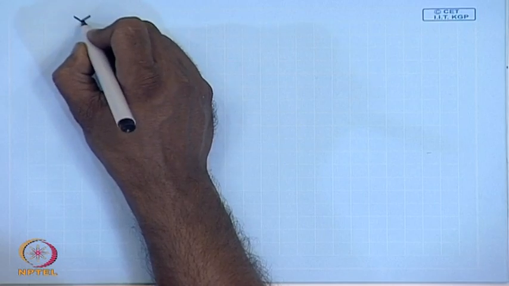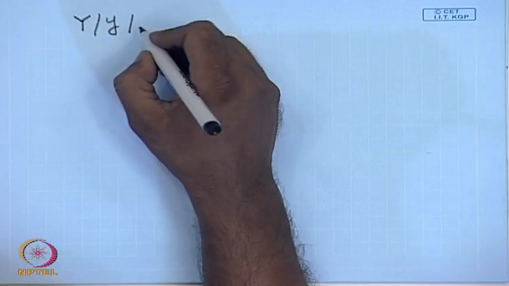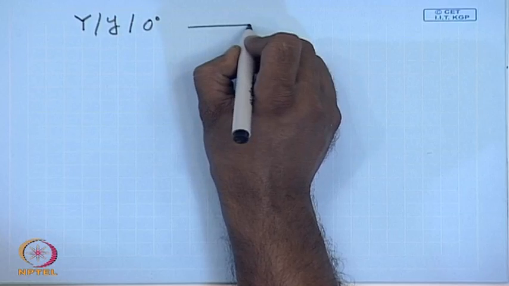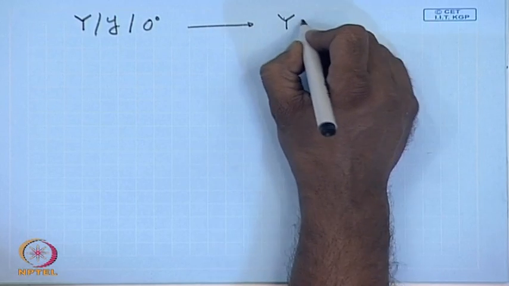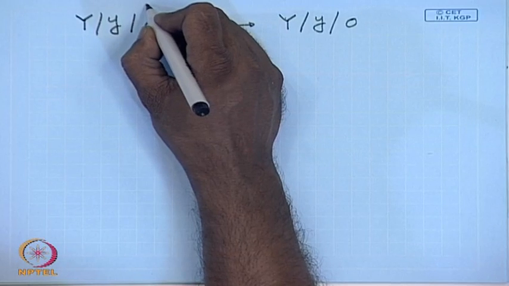Hence, the phase groups can be specified either in terms of phase angle or in terms of clock number. Therefore, for example, this Y 0 degree can also be written as Y 0. This is the phase angle.